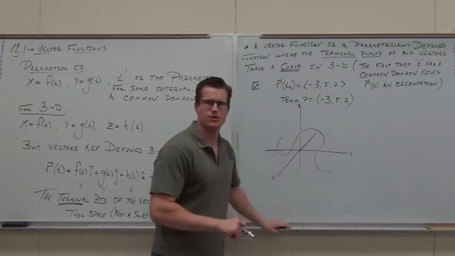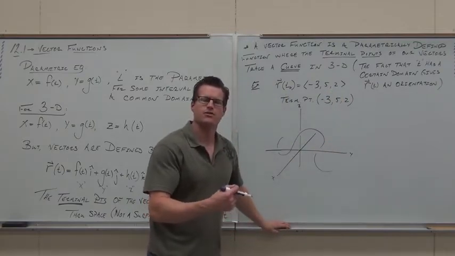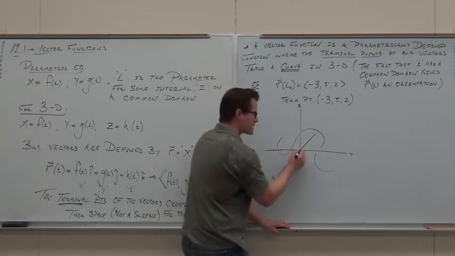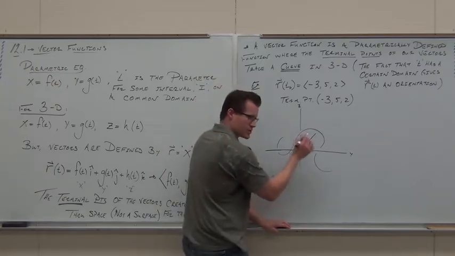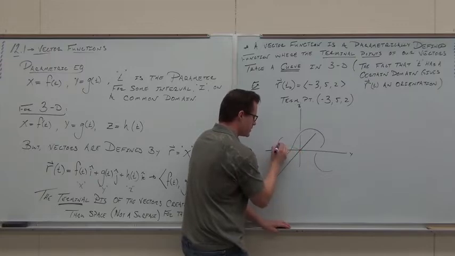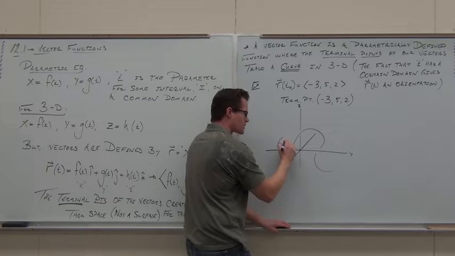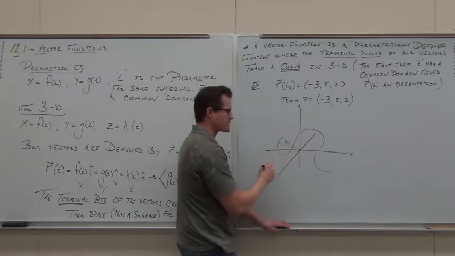Do you see the picture I'm trying to draw for you? Here's how vector functions really work. If I wanted to define this with a vector function, I start with just a few examples here. A vector is pointing to these points. Let's call this r of t1.